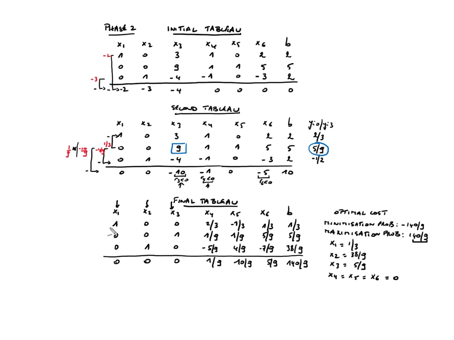So you can read that x1 is 1/3, you can read that x2 is 38/9, and you can read that x3 is 5/9. The other variables that have been introduced in the problem to transform the problem in its standard form are all zeros. So this means that in the original problem we meet the constraints with equality.